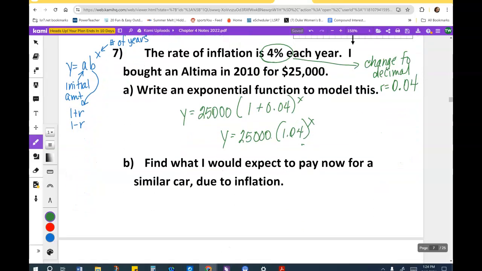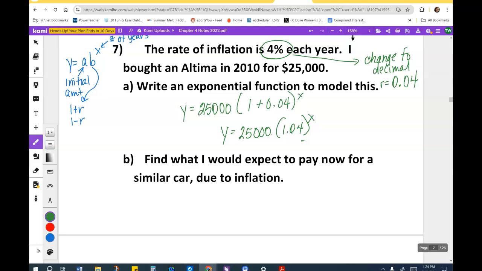Okay, the next question wants to know what we would pay now due to inflation. In my notes, I calculated it for 2020. That's okay. In the next one, I'll do 2024. So my X was 10 years.